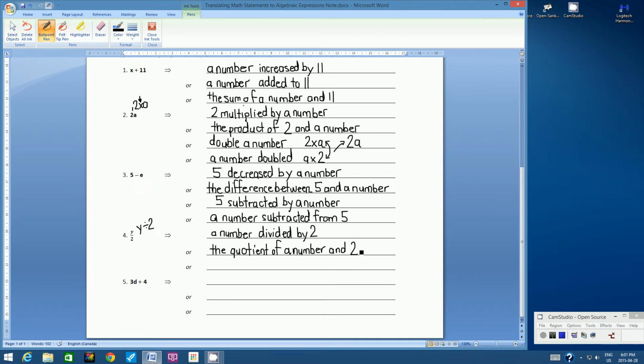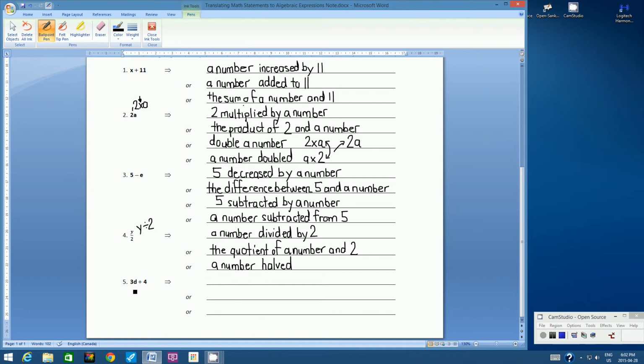The denominator comes last. The quotient of a number y and 2. Y divided by 2. Okay? And then the last one. Get to use this word. A number halved. Okay, that means divided in half, which means dividing by 2. So I like that when we can use that example.